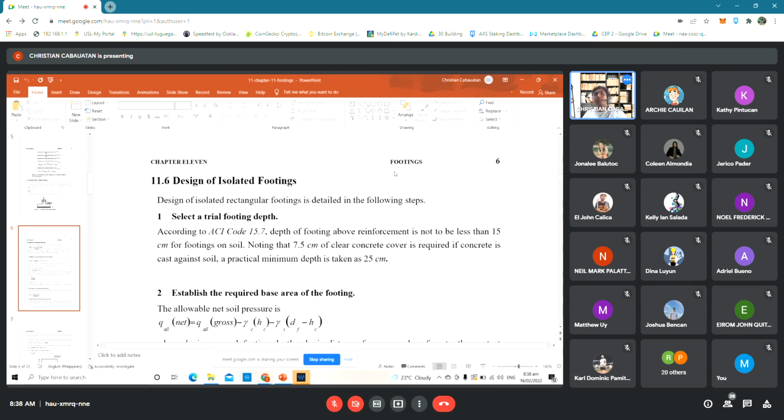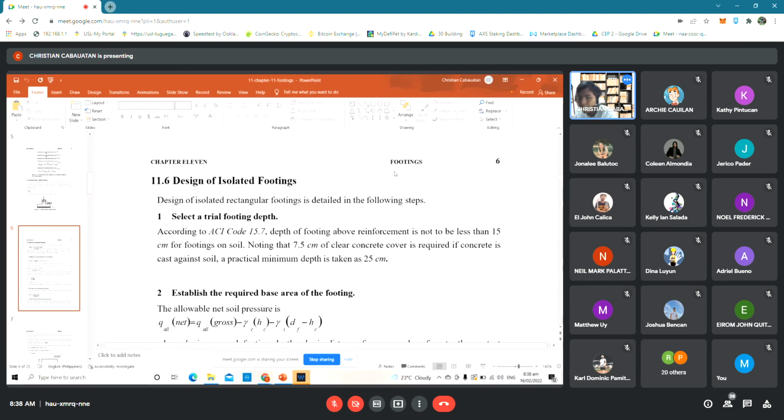Think first of a possible depth, say 0.5 below the natural ground level. According to ACI code 15.7, the depth of the footing above the reinforcement should not be less than 15 cm for footing on soil, and note the 7.5 centimeter clear concrete cover.